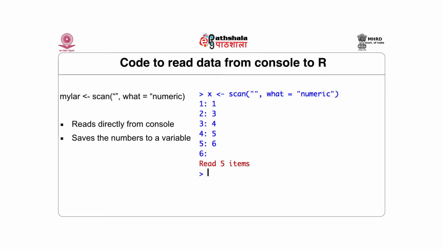So on the left-hand side of this screen, you're going to see that I have stored the result of a scan function into an object which is known as myVar. And myVar essentially is a vector, the way I have set it up. Because what I have done is I have used a function called scan, and then I have left the file space blank.